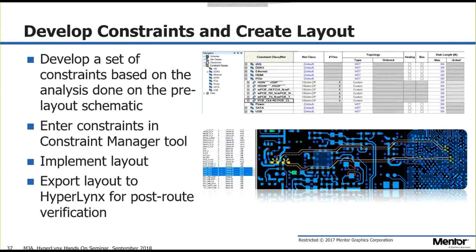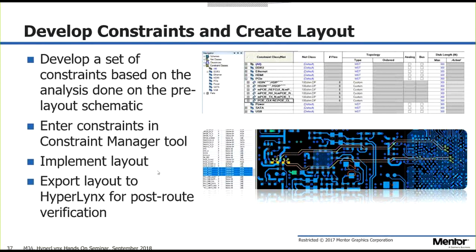So we'll take what we've learned from our analyses and embed those into whatever constraint system you're using. HyperLynx being a CAD agnostic tool, you can plug these values into whatever layout tool you're working with. We just give you the ability to figure out what good values would be. In this case, we're showing how we can embed those into our Expedition constraint editor.